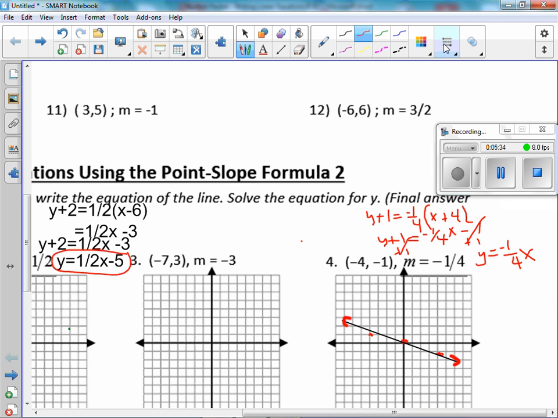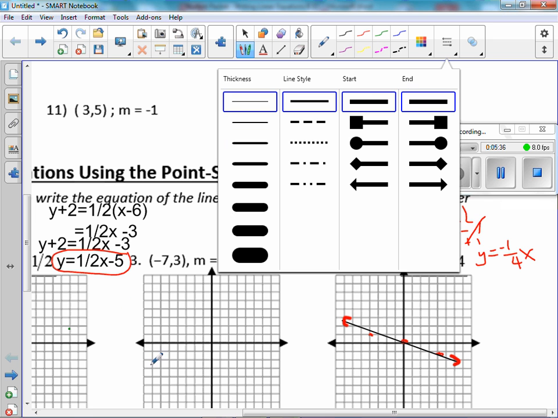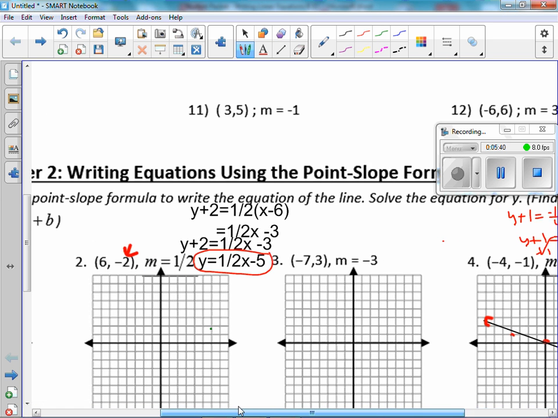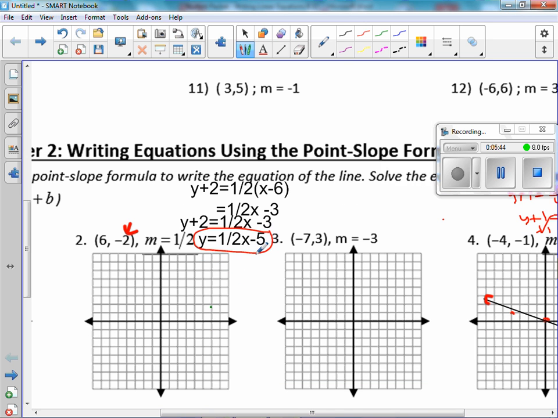So let's see, we didn't graph the last one we did. So let's see if we can scoot over here and graph it and be done. This is the one we need to graph. So it started at negative 5. It's a y-intercept: 1, 2, 3, 4, 5. Mark it. What is the slope? 1 over 2. Rise is 1 and run is 2.